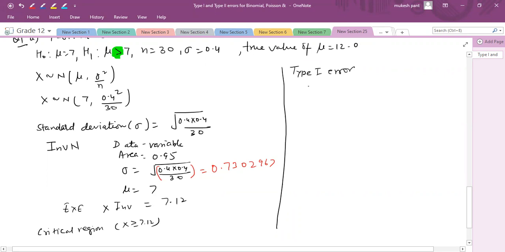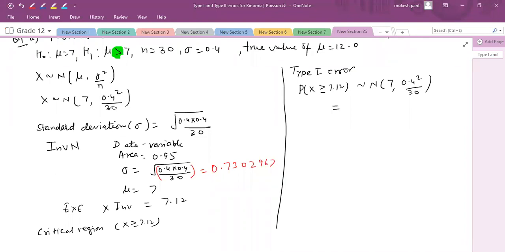So you will use the probability of X greater than or equal to 7.12, normally distributed with mean 7, and the standard deviation you can write as 0.4 over the square root of 30, but when we put the value in the calculator, we use this one. So you can use the calculator to find this type 1 error.